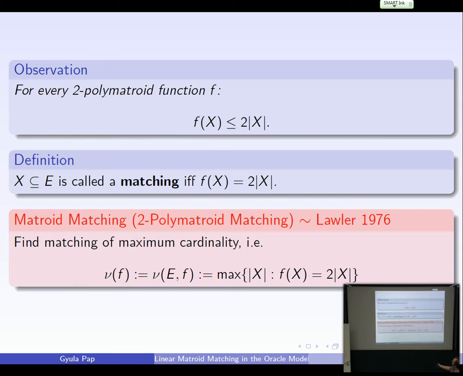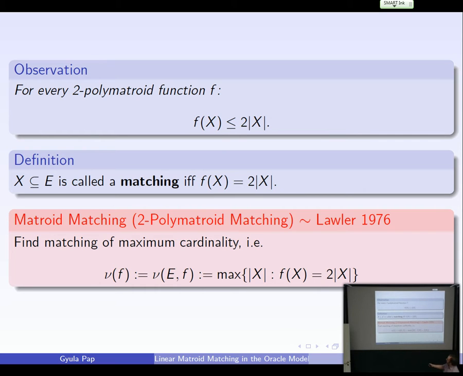This is an interesting definition, because usually the less than or equal inequality holds. So when there's equality, it's called a matching. Less than or equal holds because of submodularity and the singleton rank being at most 2.